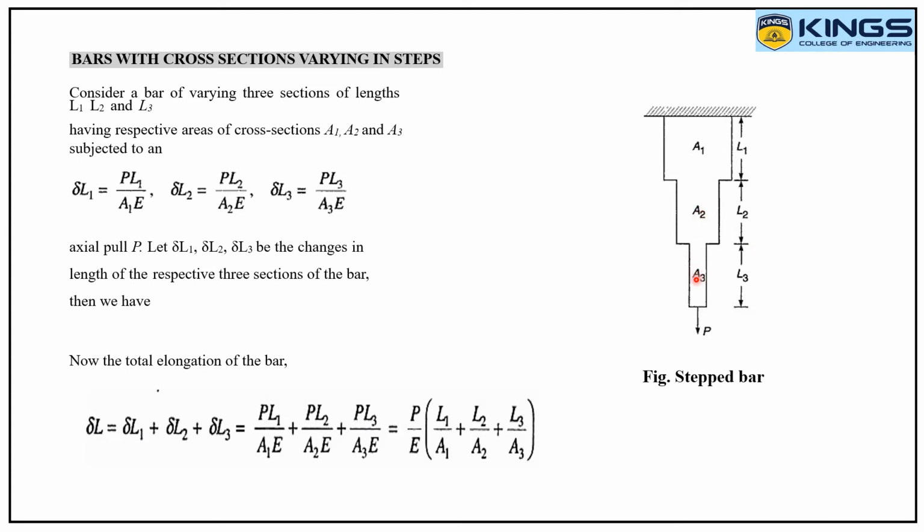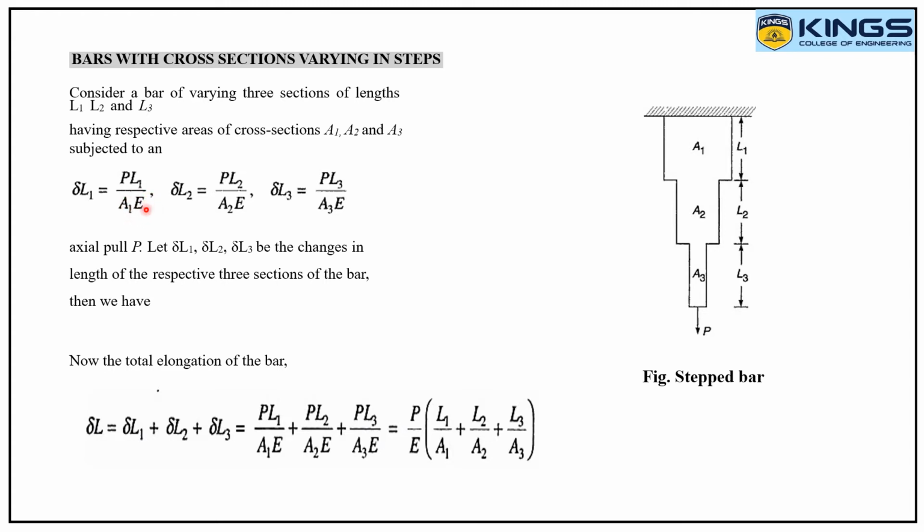When comparing with the previous slide, we have del L is equal to PL by AE. Here considering A1 and L1, the elongation will be del L1 is equal to PL1 by A1E.